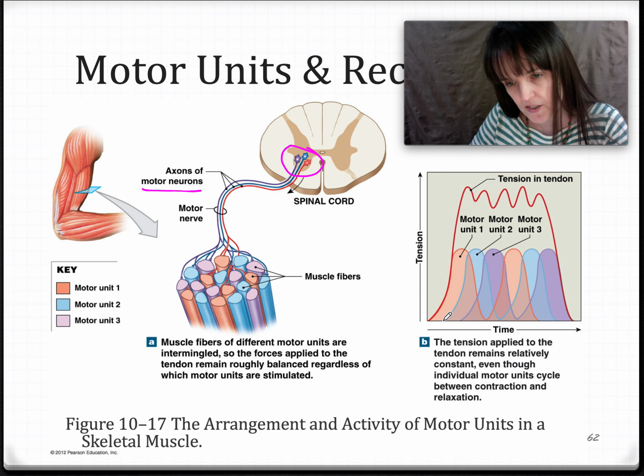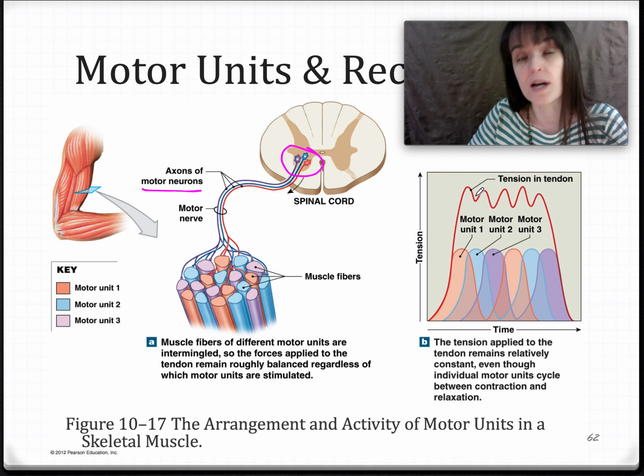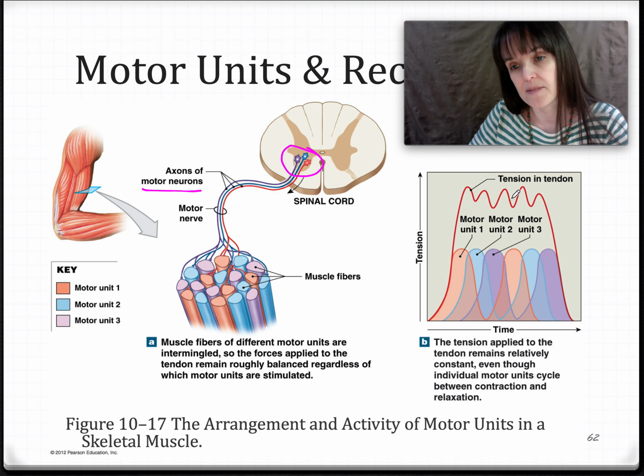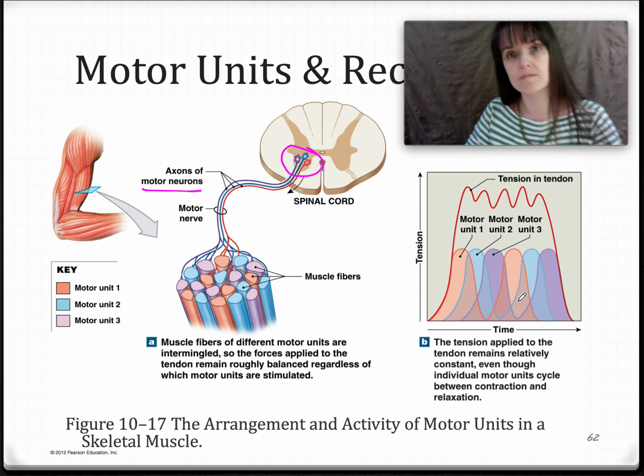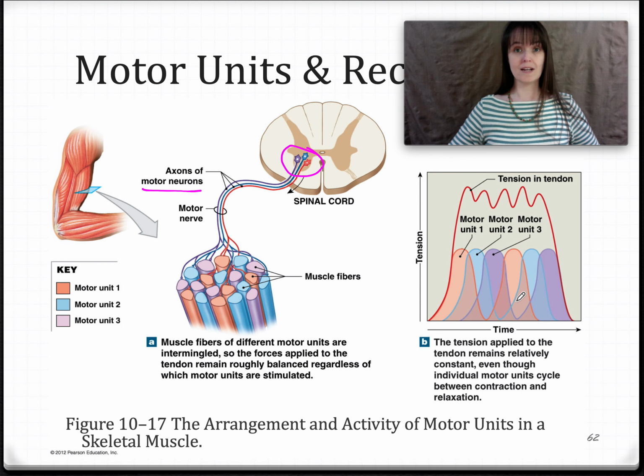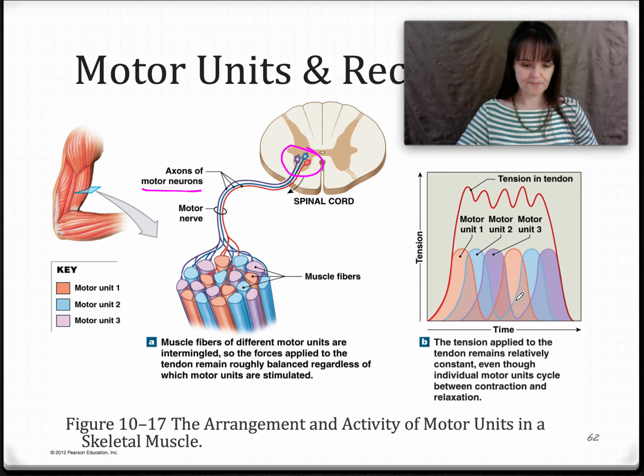Here you've got just the red and you've got a low amount, and then here you add in the blue and now you've got twice as much tension. And so at all times you have about twice as much tension because you're activating different motor units.